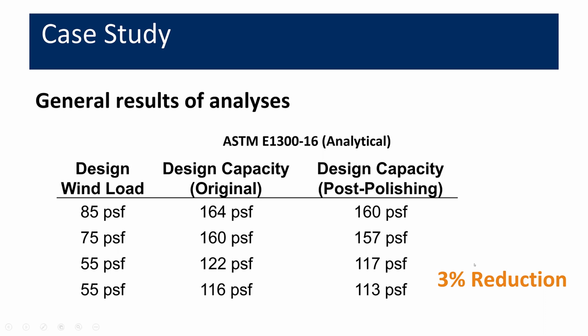In this case, that reduction was principally due to the change in thickness, because the light that was controlling these designs was actually the exterior light. And again, this 3% reduction shouldn't be considered representative of a general case. It is specific to this one. That variation can change depending on the construction and the level of polishing that we had.